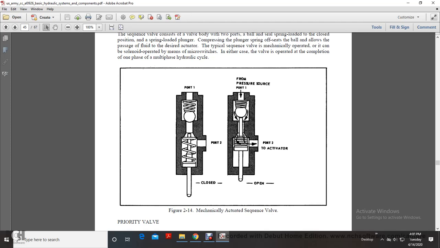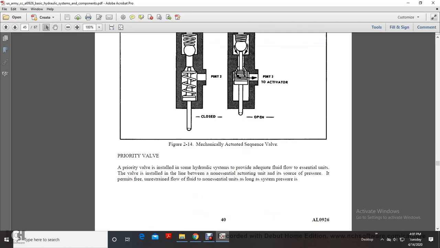The valve takes pressure from port 1, goes through, and goes to port 2 to the actuator.